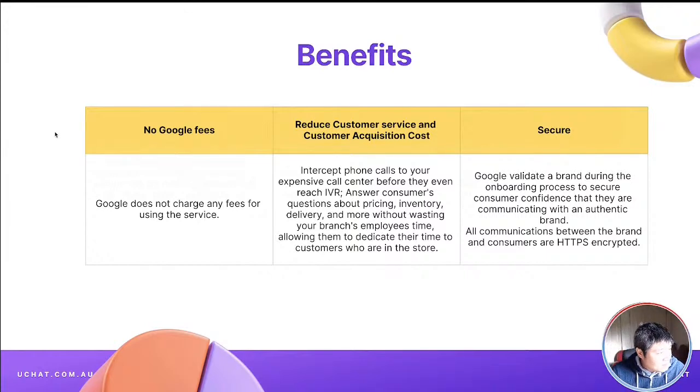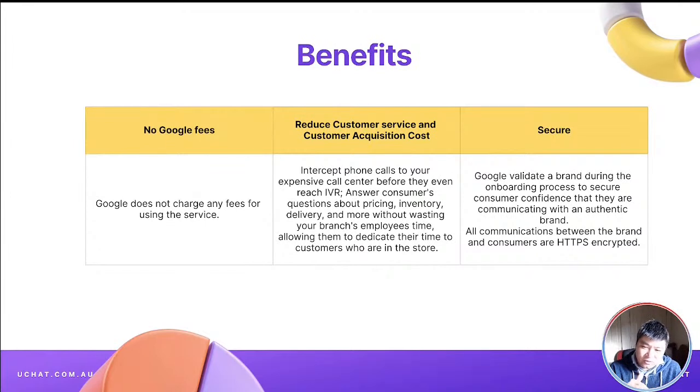Another benefit is you can reduce your customer service and customer acquisition cost. You can set up FAQs to answer questions. You can help your customers track sales, create support tickets, or track orders, something like that. So it will automate your business without any coding. And the last point is it's very secure because Google validates the brand.